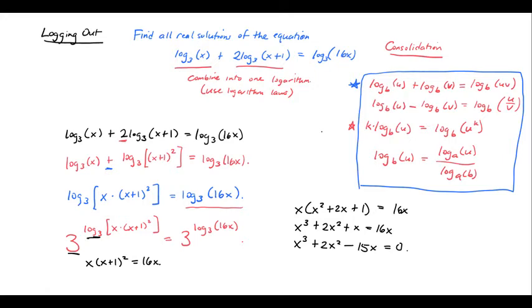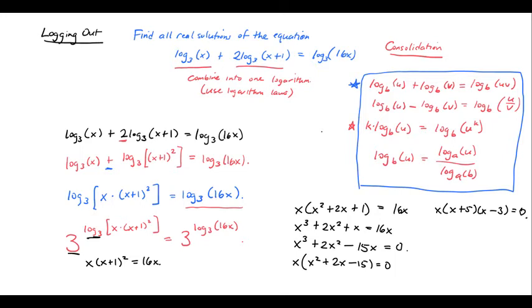At this point I have a cubic, which usually would be some cause for concern, but in this case I can factor an x out of the whole thing, get x squared plus 2x minus 15 equals 0, and then I can factor. I got x times, I believe, (x plus 5) times (x minus 3), and I know that that product is equal to 0.